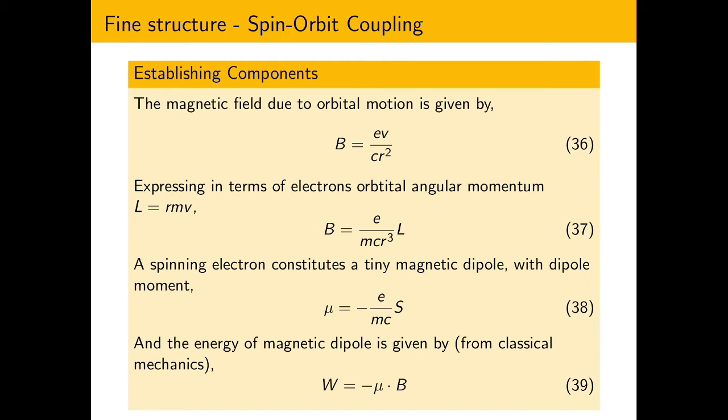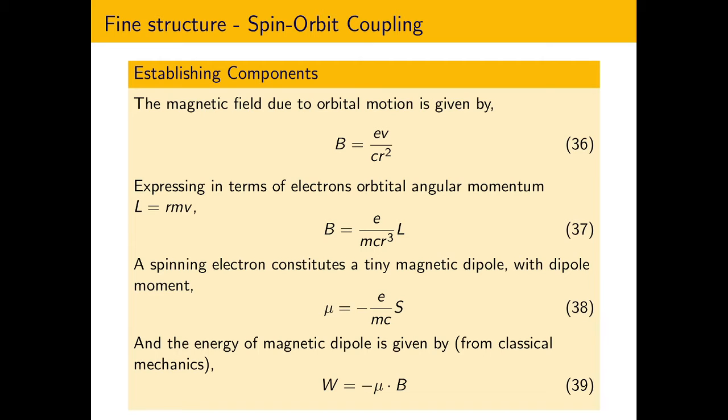For spin orbit coupling, we first establish the components of the individual effects from the entire spin and orbit coupling, because the electron has spin angular momentum and orbital angular momentum. From the electron frame of reference, the proton seems to be circling around the electron.